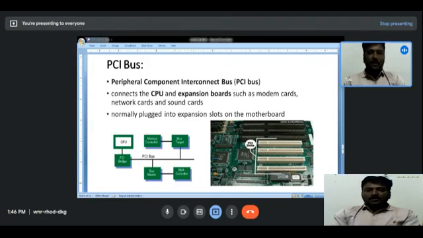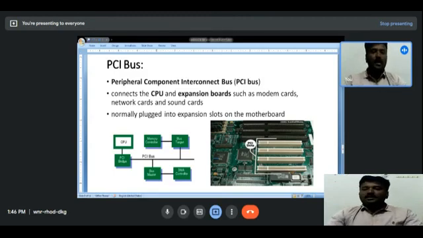So you can see in the diagram that the CPU is connected with the PCI bridge. Okay, by using the PCI bus, the bus master and the DMA controller, that is direct memory access controller, give the way for connecting the PCI buses with the CPU through the PCI bridge.